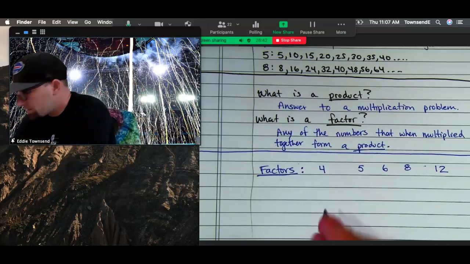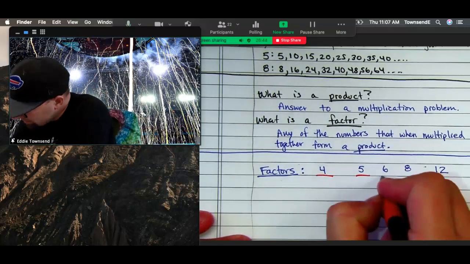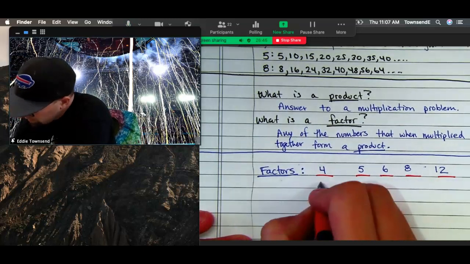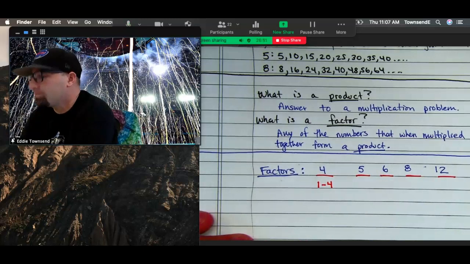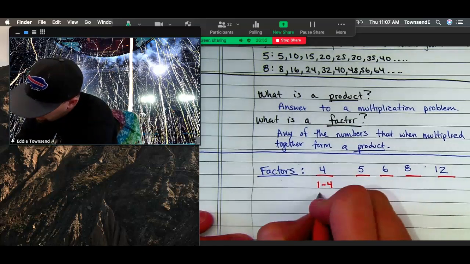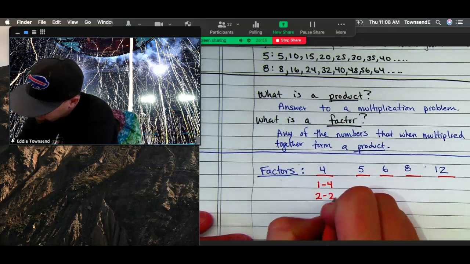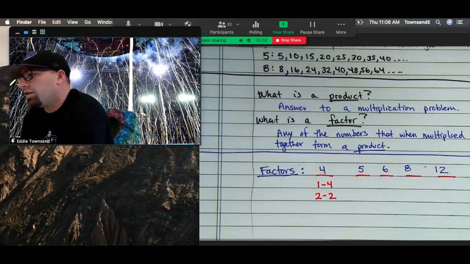Okay, so we've got 1 times 4, so 1 and 4. And then 2 times 2, and that's it. Those are all the factors of 4.